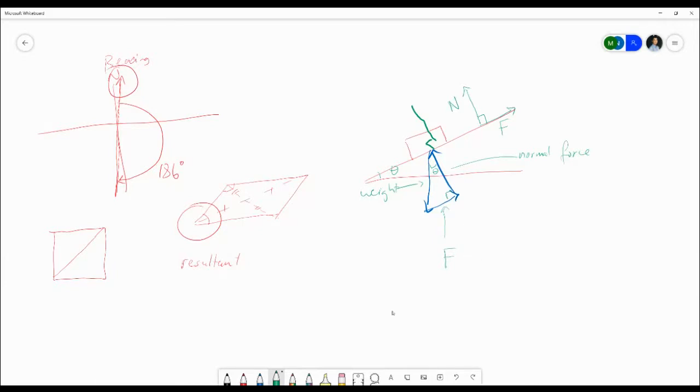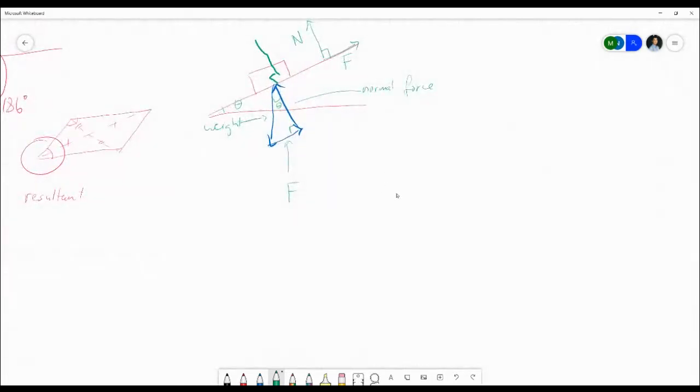Yeah. So if you look at the slope here, we know that this is going to be 90 degrees from here to here, right? Because this is the normal force. And this is 90 degrees here because the weight is going down, right? So whatever this value is, this is 90 degrees minus theta, right?